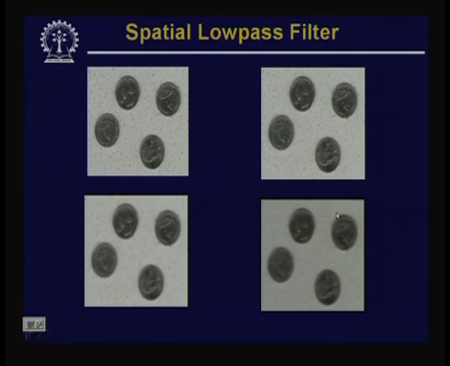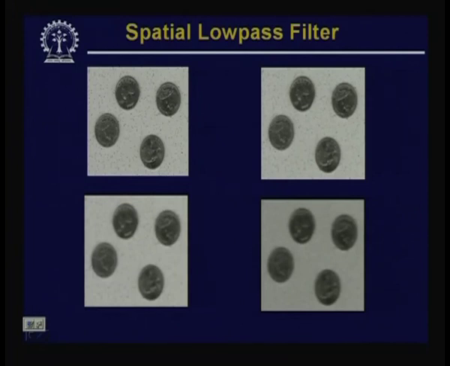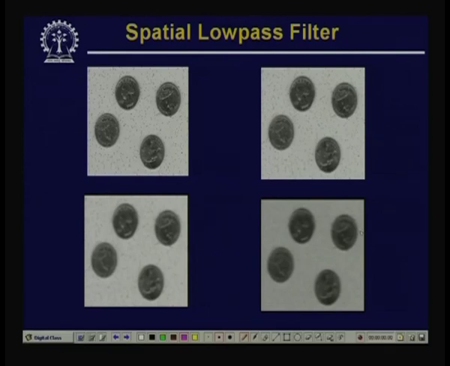From these images, it is quite obvious that as I increase the size of the mask, the blurring effect becomes more and more. You find that the bottom right image, obtained by a mask of size 7 by 7, is much more blurred compared to the other two images. And this effect is more prominent if you look at the edge regions of these images.